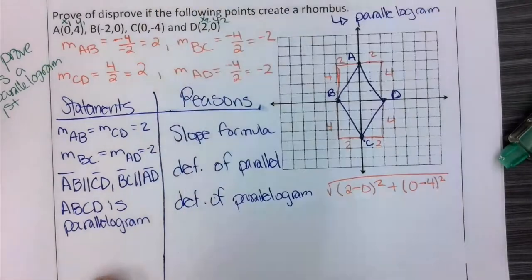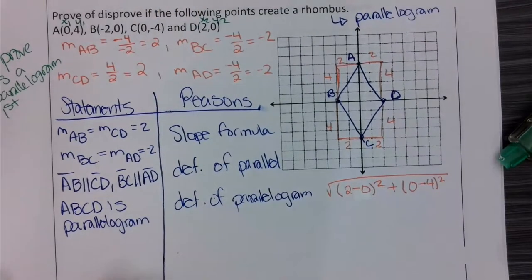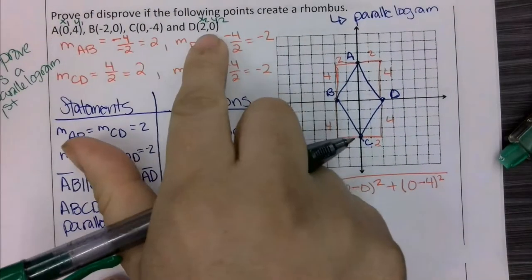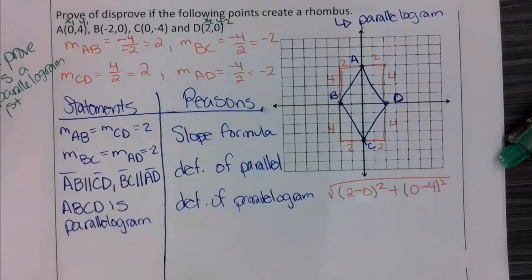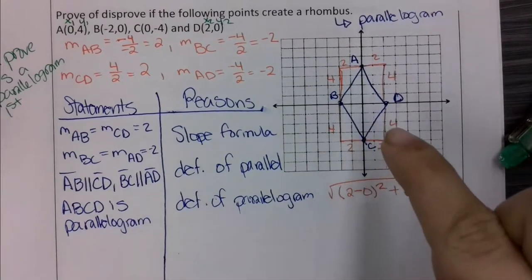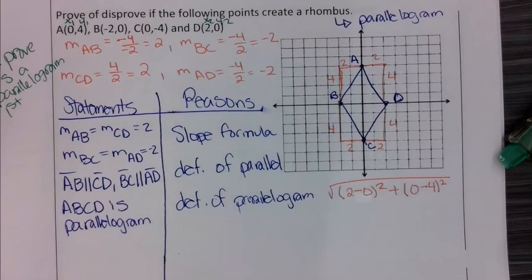These are the two sets of points we use, A and D, and then I plugged into the distance formula. We just picked those points because we decided all the triangles were the same, so we could have picked any of the others.